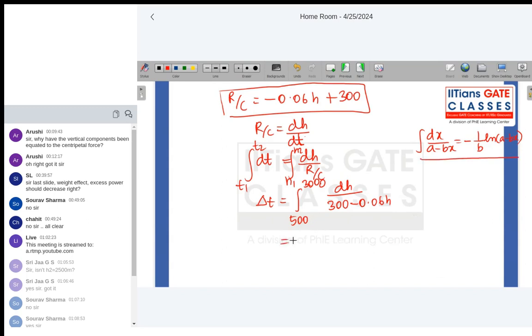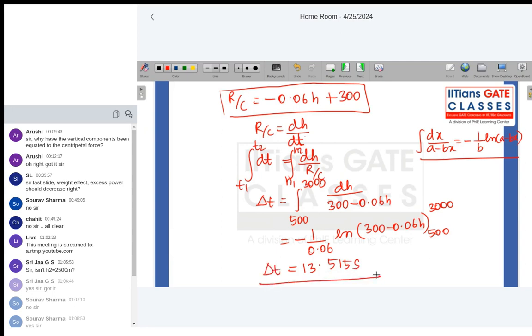Same way, minus 1 divided by 0.06 into ln of 300 minus 0.06 h, from 500 to 3000. If I substitute the limits, we get the total time taken, which is 13.515 seconds.